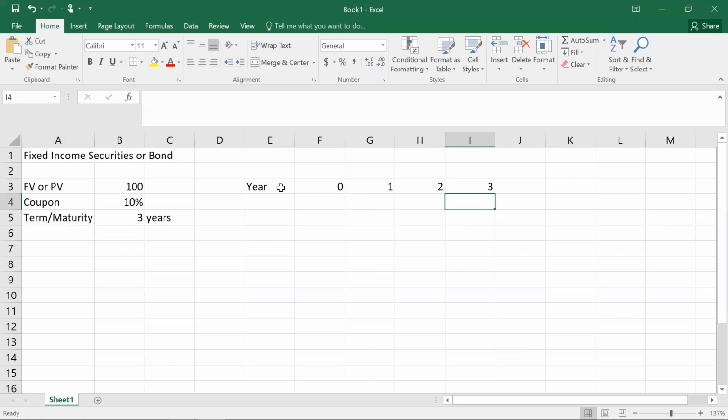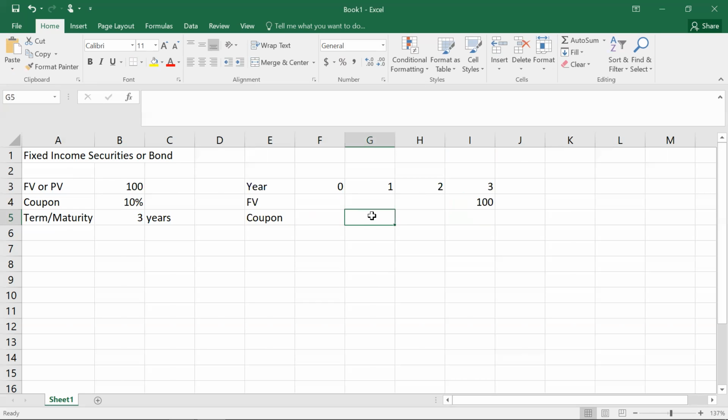What does it mean? If I am talking about a bond whose maturity is 3 years, whose coupon is 10%, and its face value is 100, it means that if you are an investor, it will repay back the 100 face value at the end of the third year. And what are the coupon cash flows?